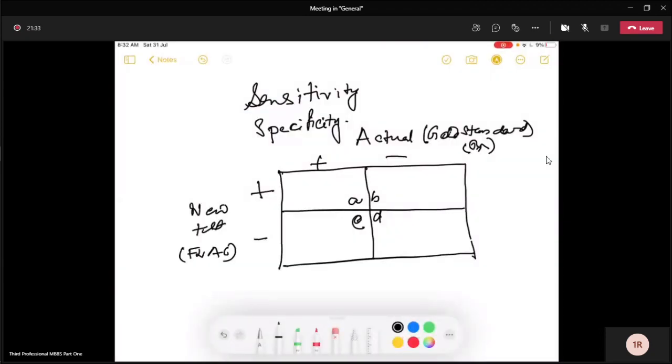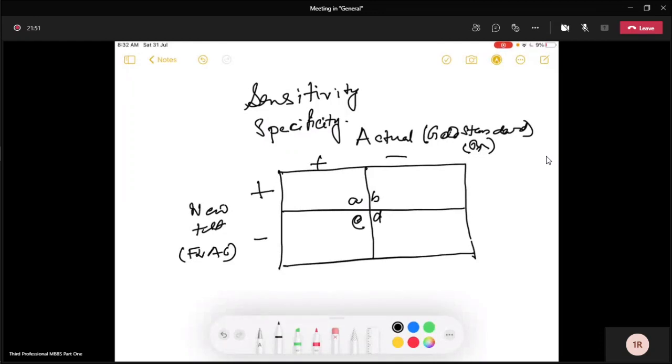Can you tell me which are the cells where the new test is performing correctly? Sir, in A and D. Very good. So in A and D, the new test is performing correctly.